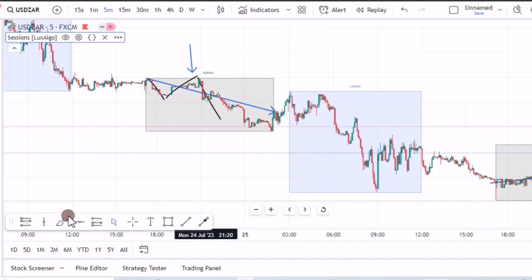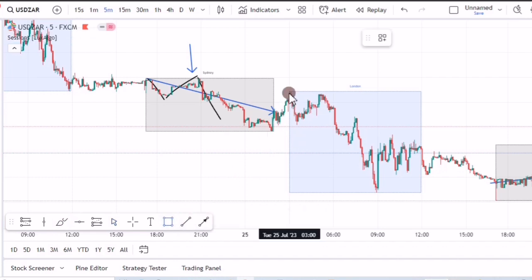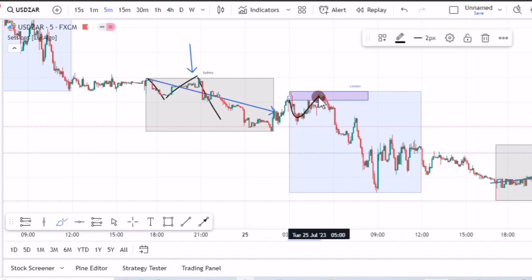So what you do is you watch on the London session, you mark the entry point. After you have highlighted that candle, you see price pulling down and then pulling up, and then you can tell that it must be this turning point.